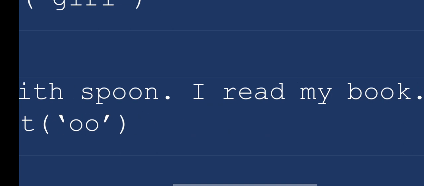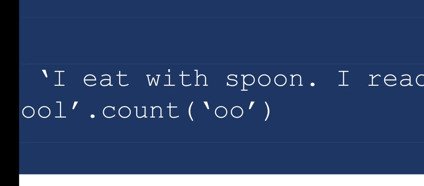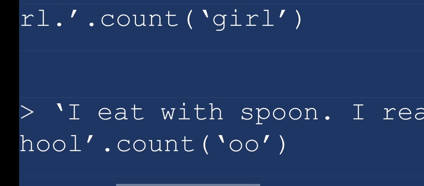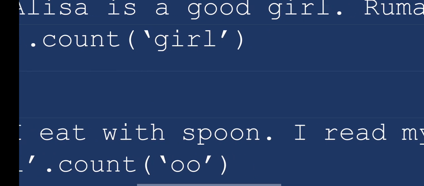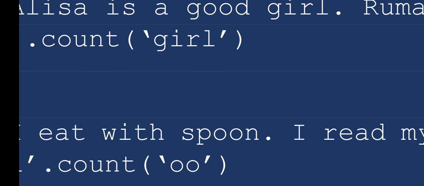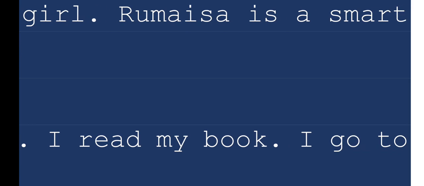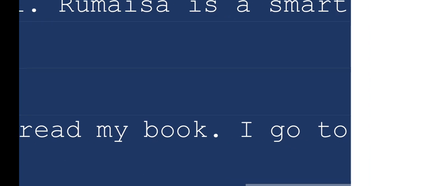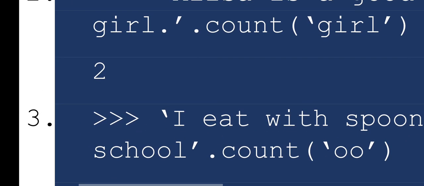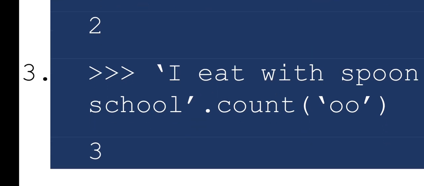I eat with spoon, this is the first double O. I read my book, this is the second double O in book. I go to school, and this is the third double O.